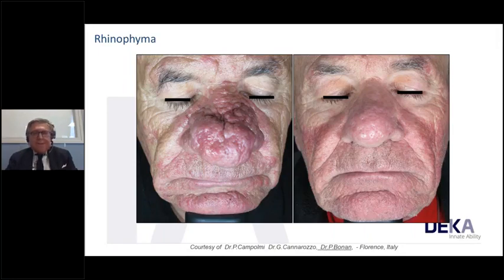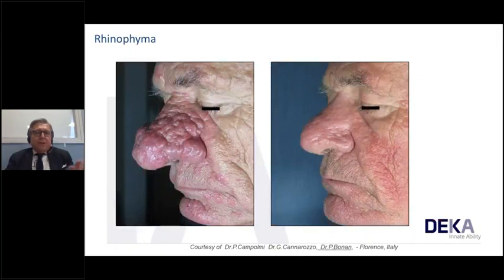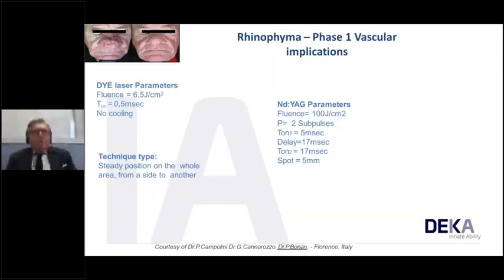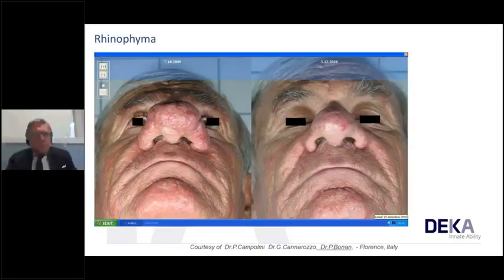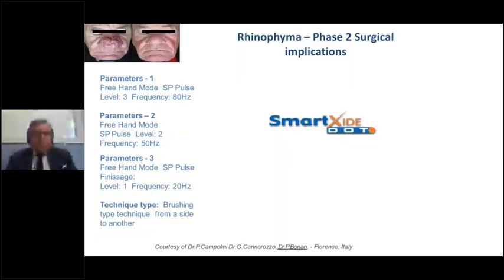What is interesting is that this is the front view, side view, and the bottom view. We can appreciate the total restoring of the texture and even the capability of the patient to better breathe, because we can vaporize at best by using these parameters.